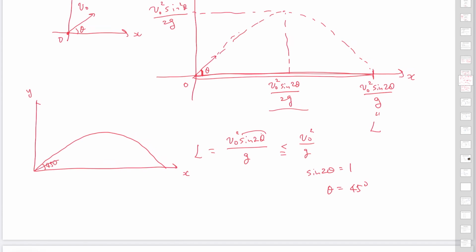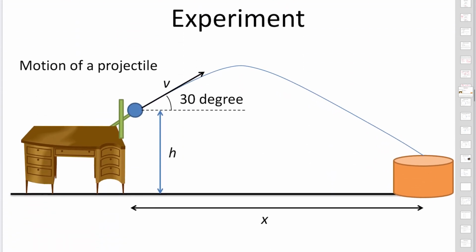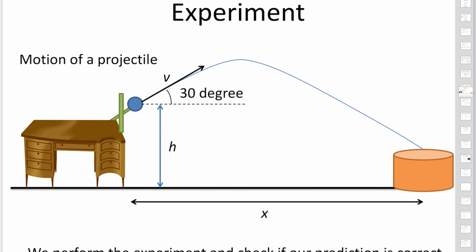If you choose a smaller angle, for example 30 degrees, and also if you choose 60 degrees, it's moving upward, but it's going down, and the length is the same as for 30 degrees. And you can do some experiments using this kind of device to check whether our theory is correct or not. This is the end of this session.